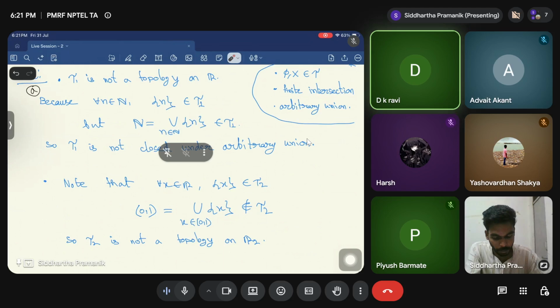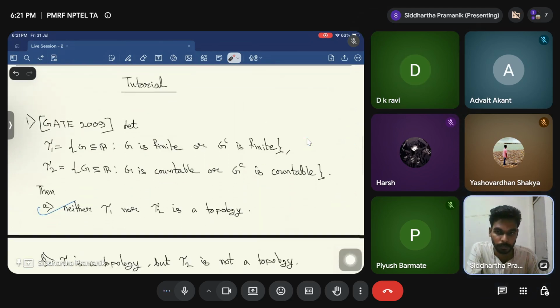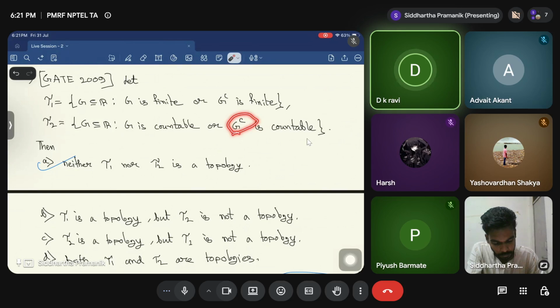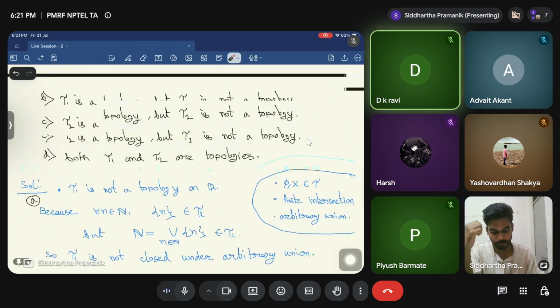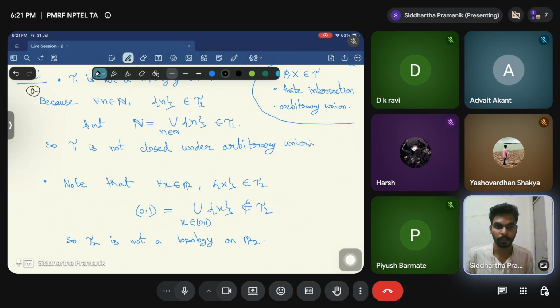But the set of all real numbers is in tau 2, right? Because the subsets we have to take should have countable complement or be countable. So R complement is the empty set, that is countable. Okay, sir. Okay, is there any other question regarding this?